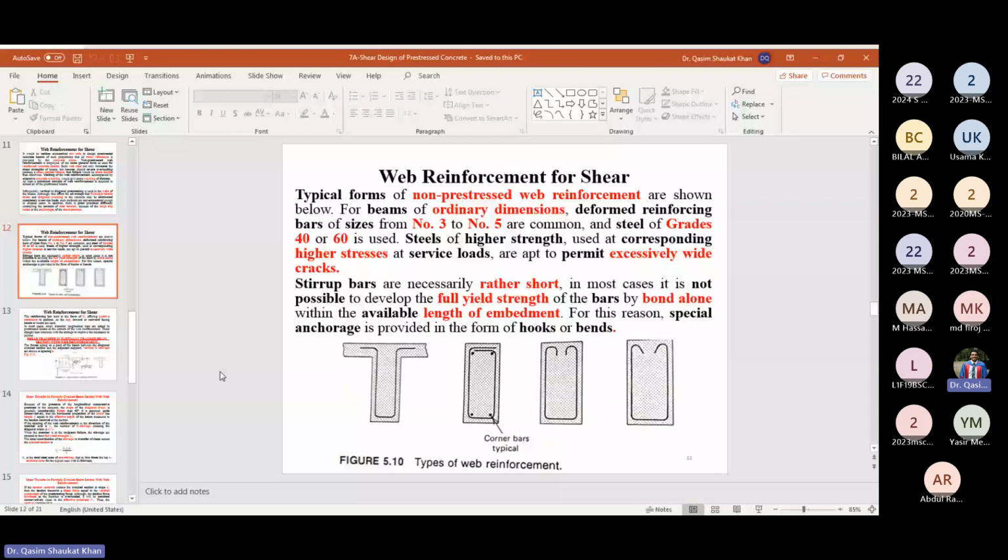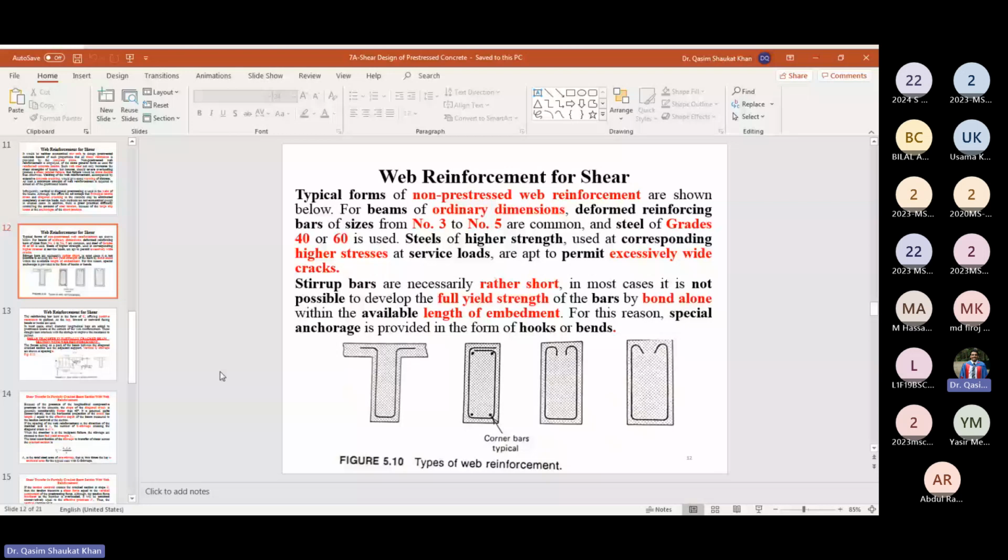And if we use higher strength steel, then it will result in larger cracking, which visually does not look nice if you have very large cracks in the beam.